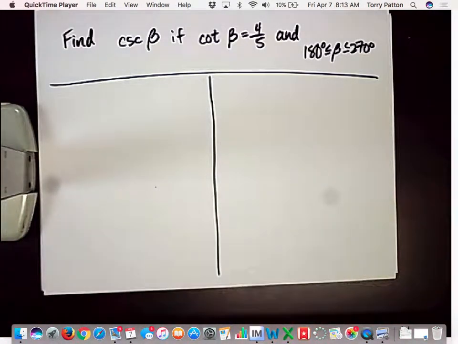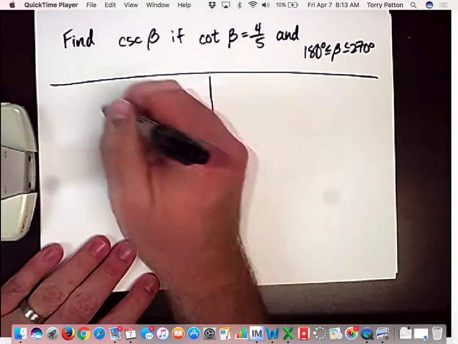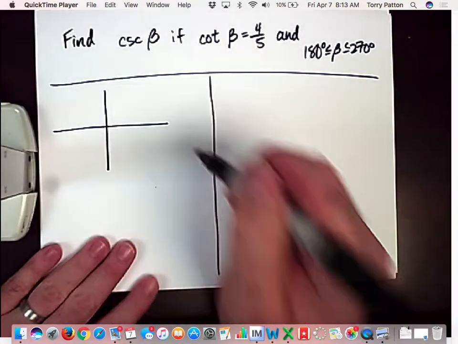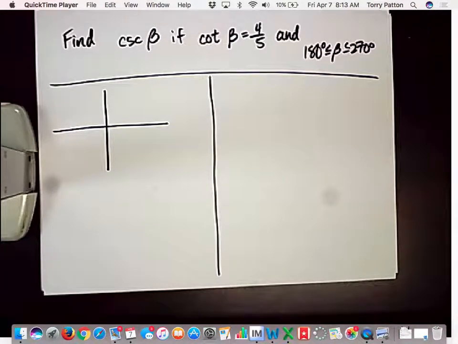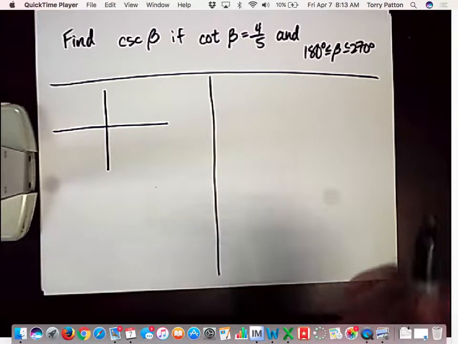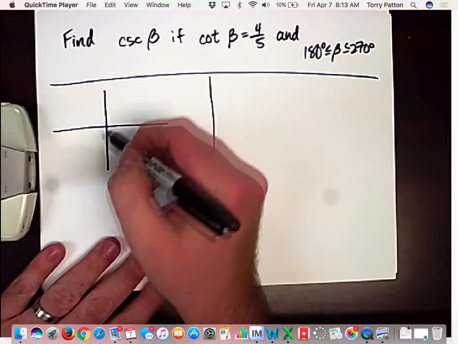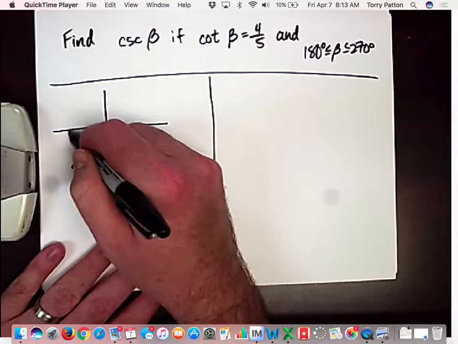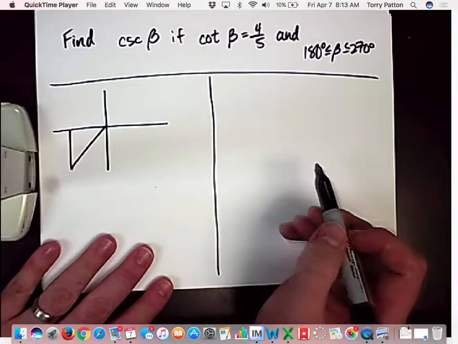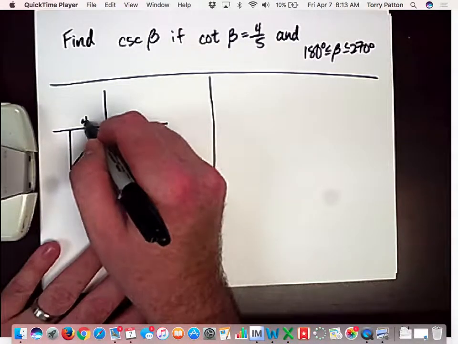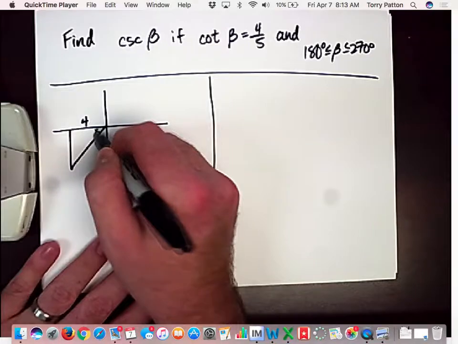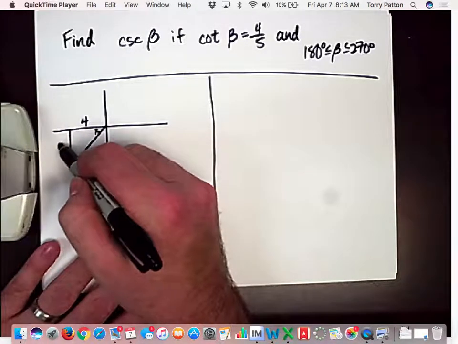Last chapter, what you would have done is said, okay, cotangent is adjacent over opposite, right? Because tangent's opposite over adjacent. If it's between 180 and 270, it's here. Cotangent would be adjacent over opposite.